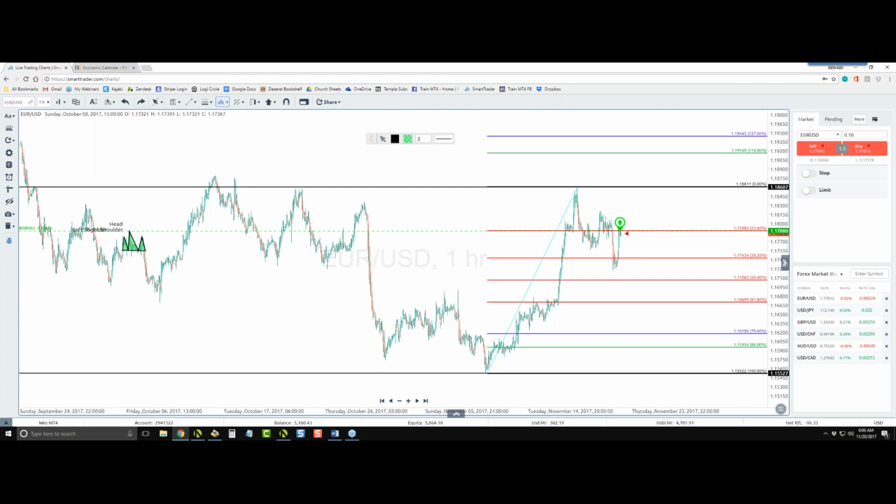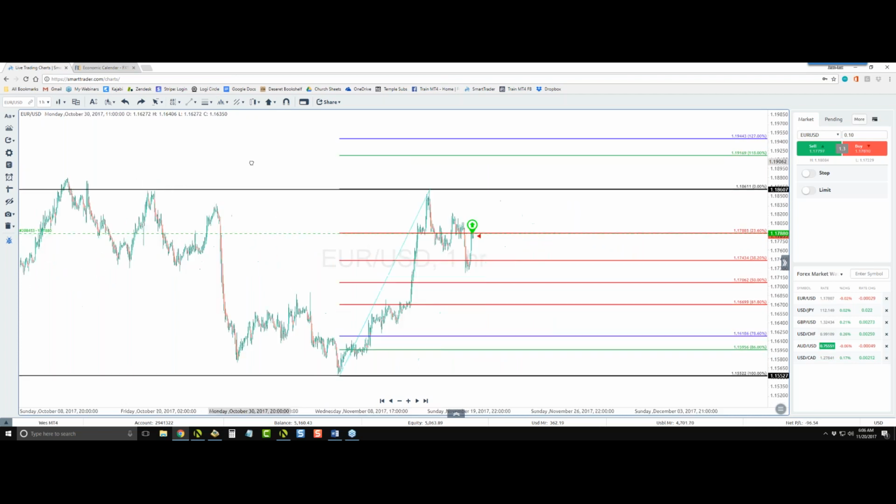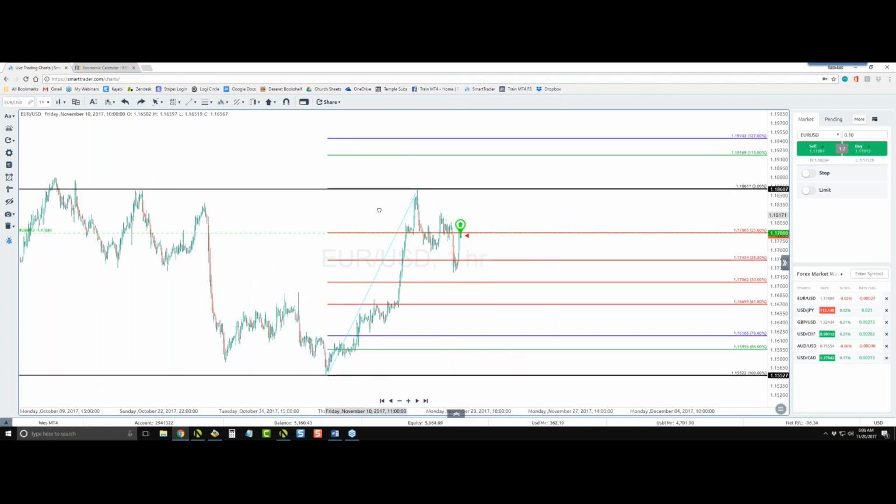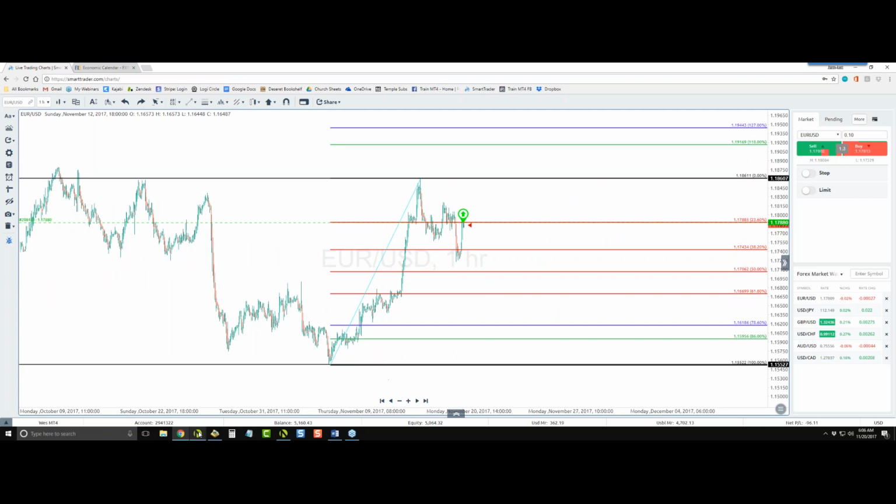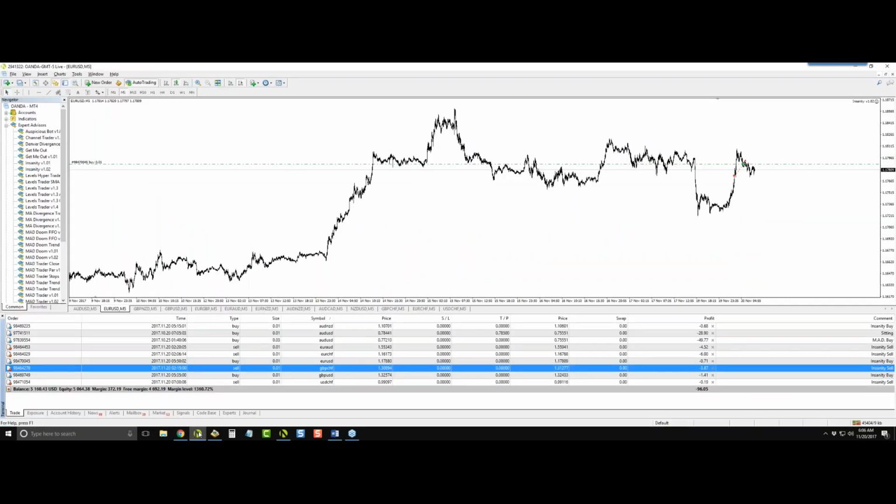They are still working out a few kinks in their system, so occasionally I have to switch back and forth to MetaTrader, which I'm going to look at right now, because I have a whole bunch of robots running on MetaTrader.